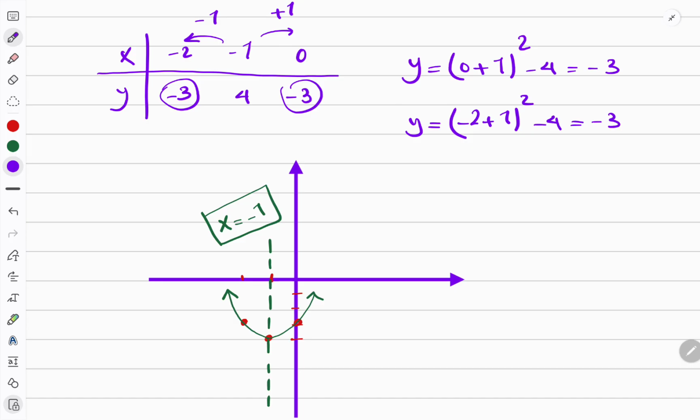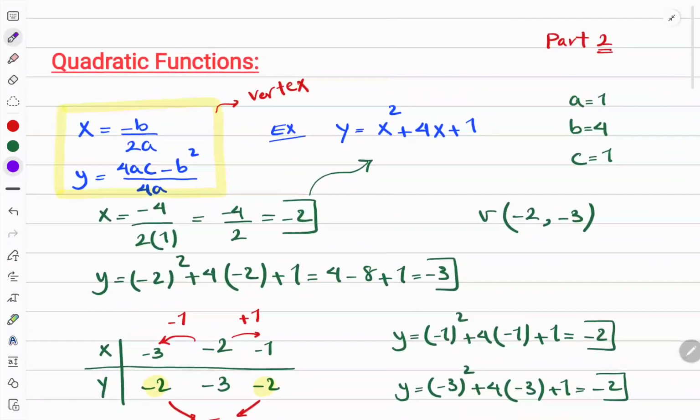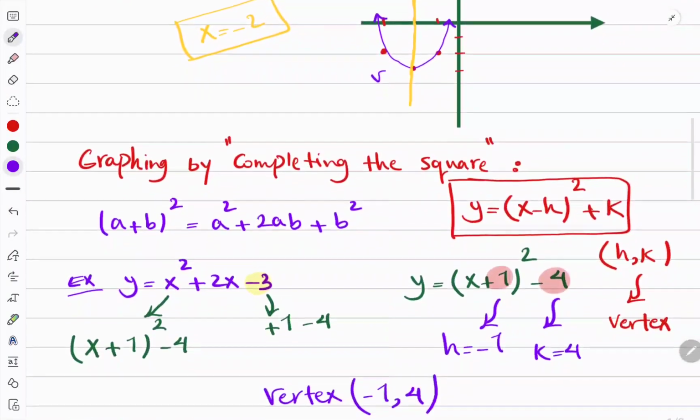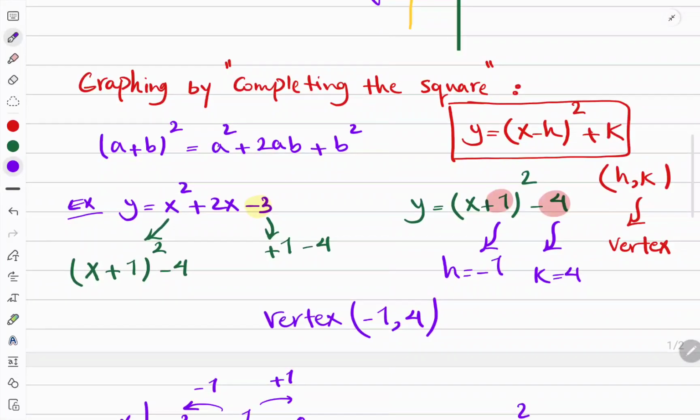So far, so good. So we have 2 strategies. The first one is using the formula, and the second one is graphing by completing the square and converting any quadratic function into this form.